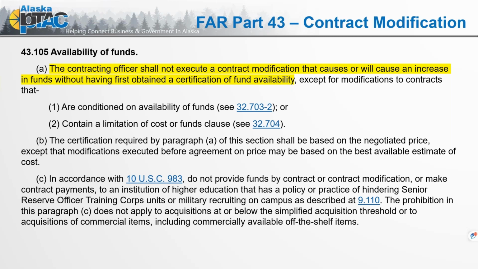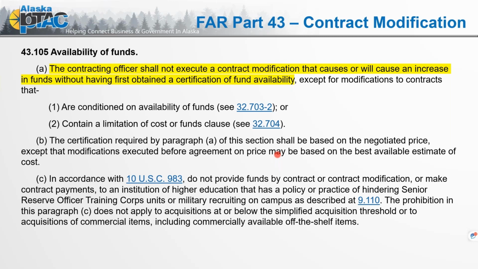Are we pushing down into the end of a fiscal year? What's available? That becomes part of that negotiation stream as well. Is the change conditioned on the availability of funds, and does it contain a limitation of cost or funds clause? The certification required by paragraph A of this section shall be based on the negotiated price, except modifications executed before agreement on price may be based on the best available estimate of cost.